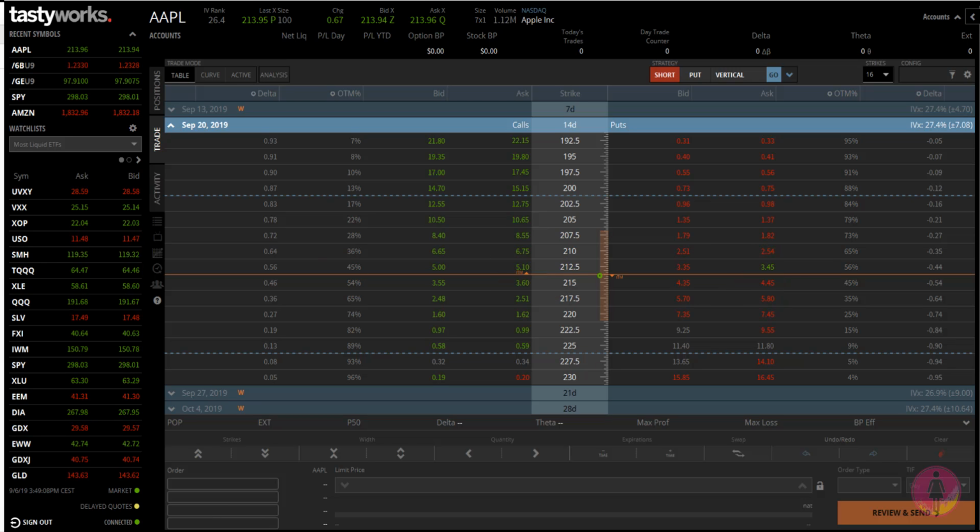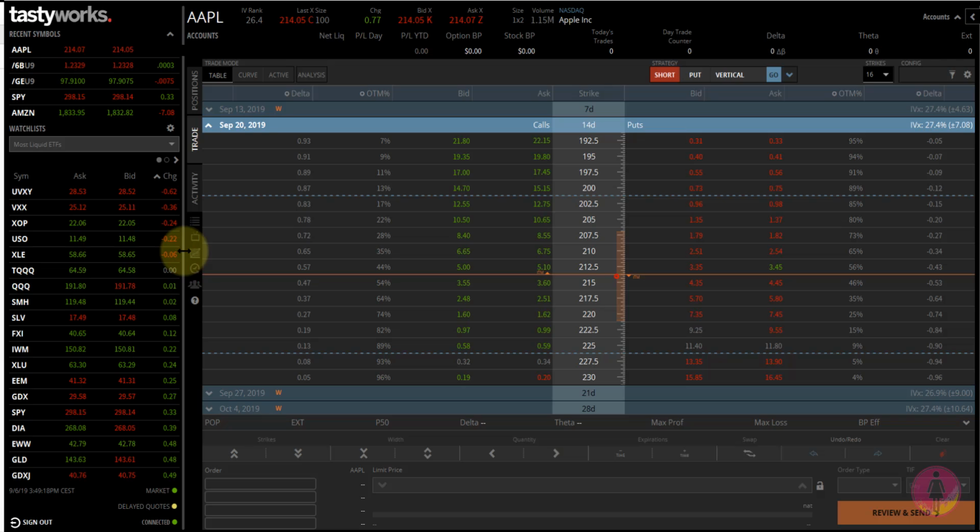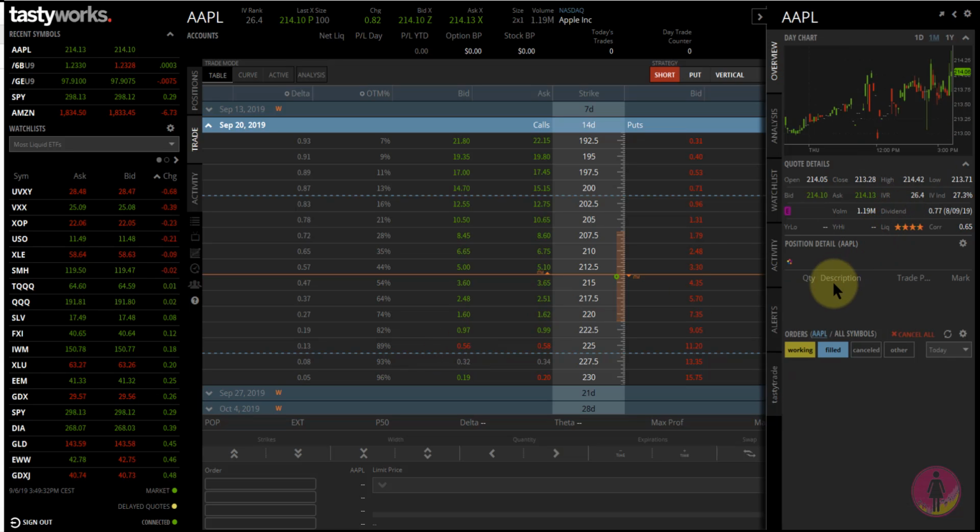Every stock has different liquidity, and you can see that on the platform of Tasty Trade. If I go to the most liquid ETFs, then I can see the liquidity is literally like that. But you can also see how liquid it is over here.